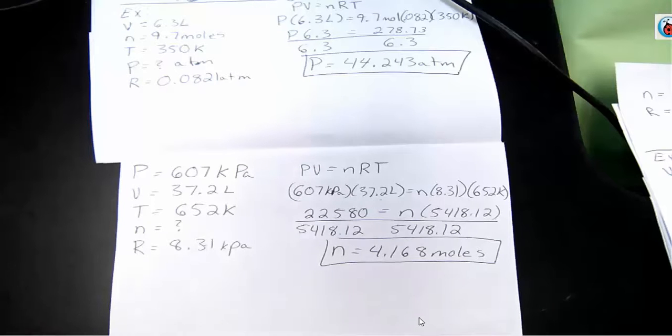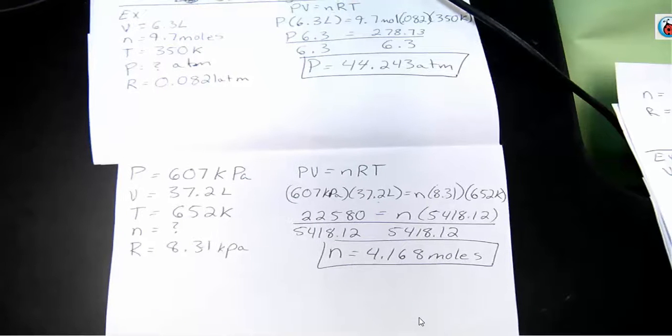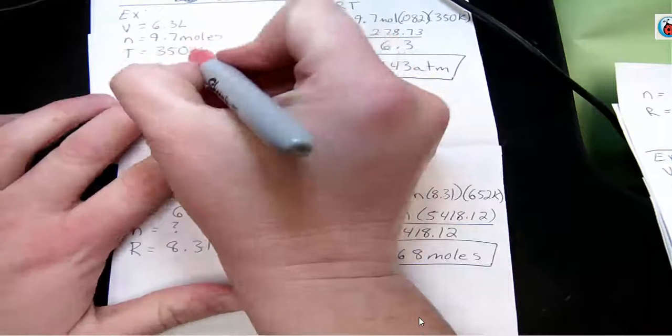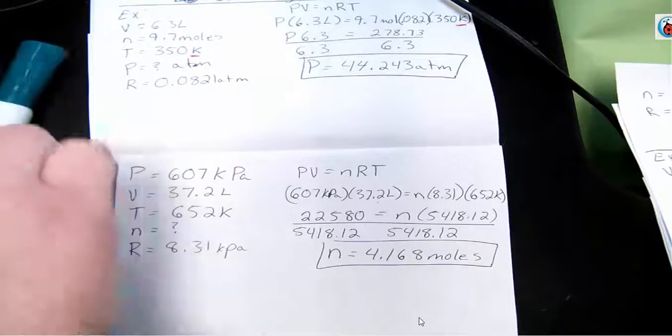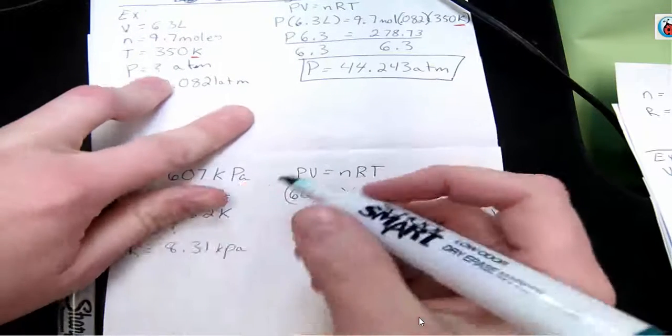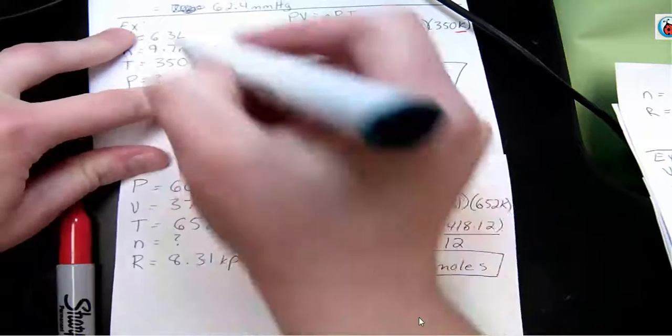What you might want to do is go back through and just kind of indicate to yourself the units. So just kind of take a look at the units. So we can see the units here, Kelvin, that's our temperature. We can see our volume is liters.